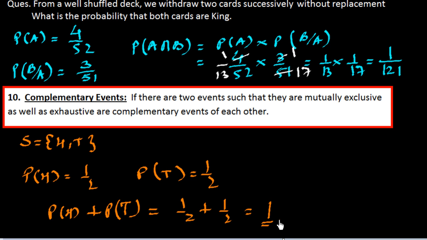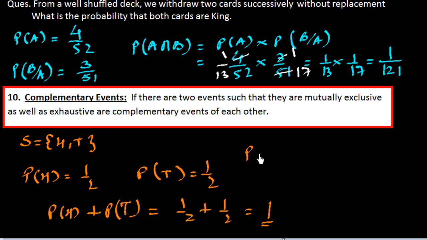1 is the maximum possibility or the probability of an event. So if we are getting it 1, it means these are the exhaustive, and both the events are mutually exclusive. We know that both the events are exhaustive. So both the events are complementary of each other.